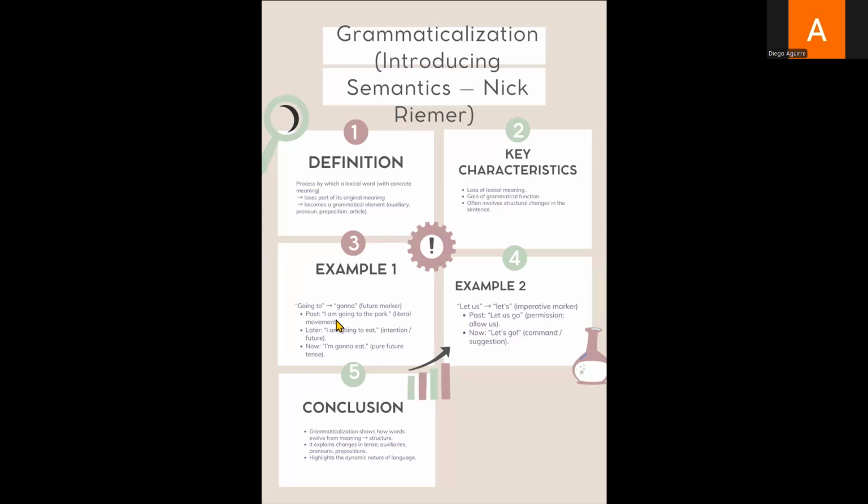Later, it started expressing an intention of future: "I'm going to eat today." And in everyday speech, it is reduced to "gonna." "I'm gonna eat." At this point, it no longer means movement, but simply marks the future tense.